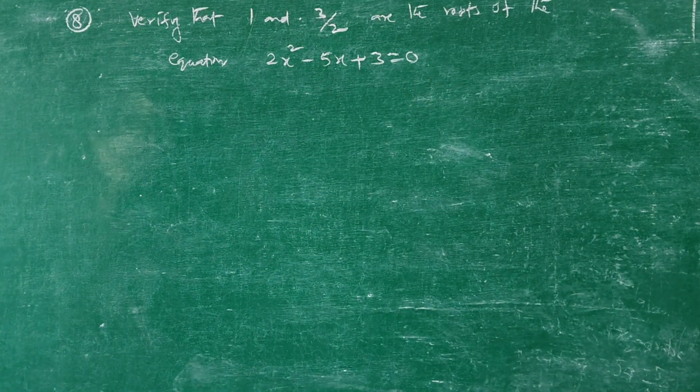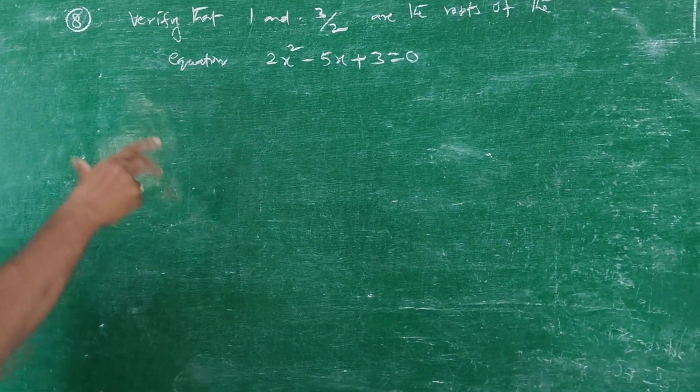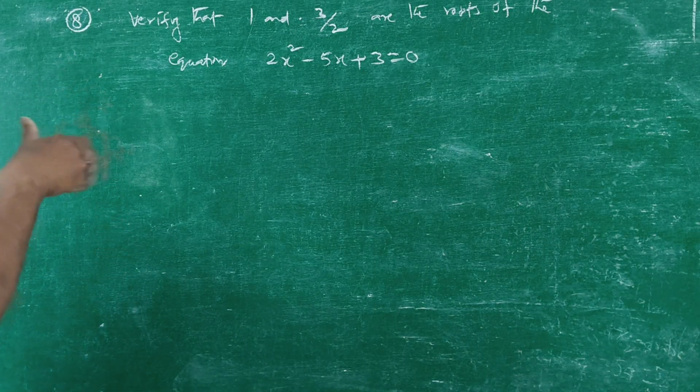They give one equation here, and the roots, real numbers, are also given. We have to verify whether those real numbers are the roots or not.